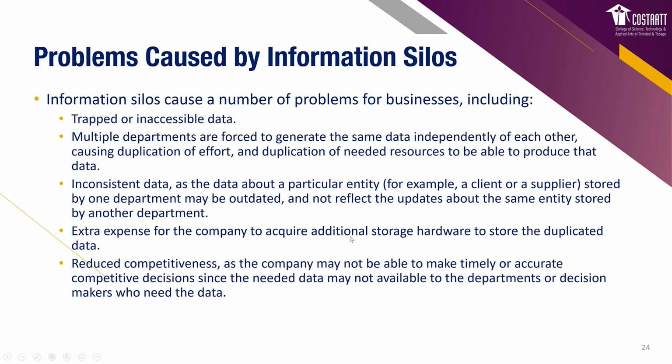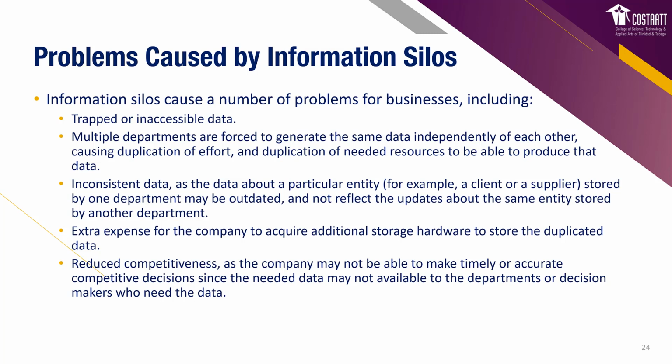And lastly, we have reduced competitiveness, as the company may not be able to make timely or accurate competitive decisions since the needed data may not be available to the departments or decision makers who need the data.